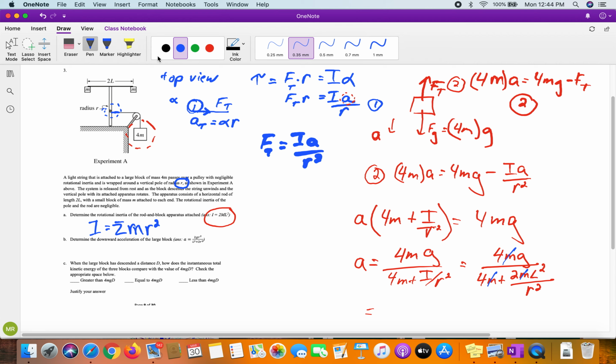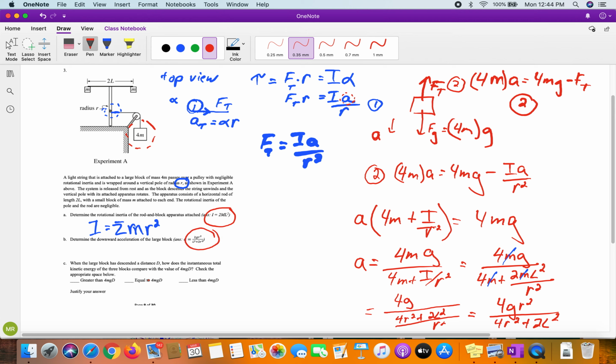And then if I get my common denominator in the bottom of r squared, my equation ends up looking like this: 4g all over 4r squared plus 2l squared all over r squared, which is the same as 4gr squared all over 4r squared plus 2l squared. Factor out a 2 out of the bottom, and you should get their answer right here.